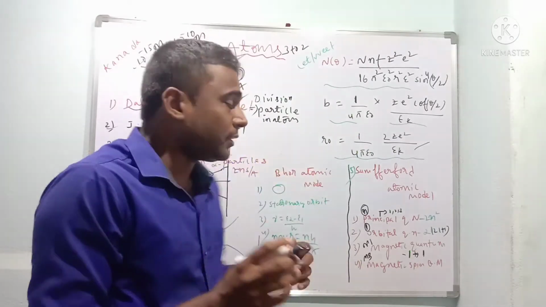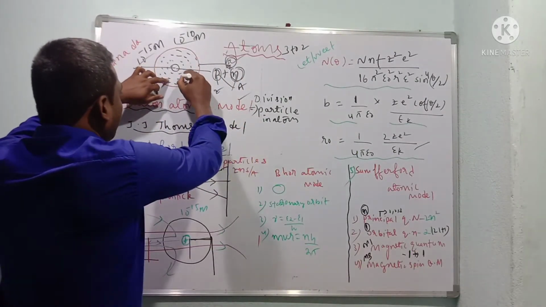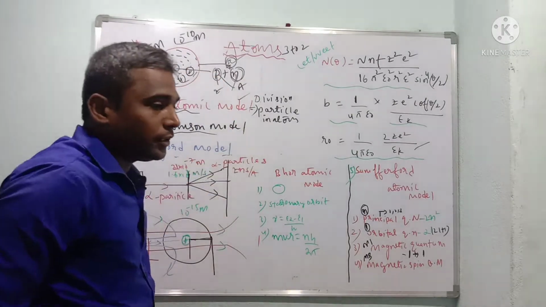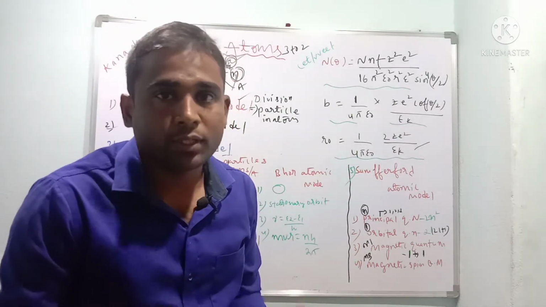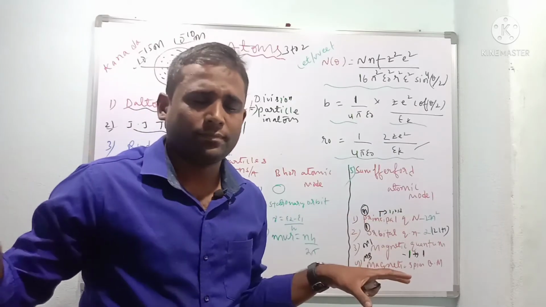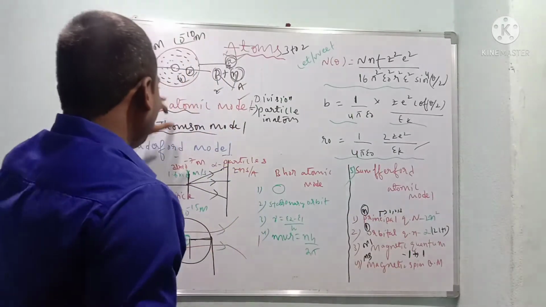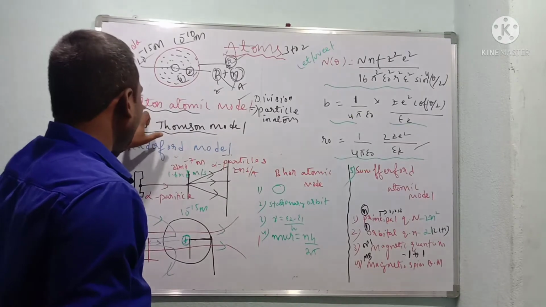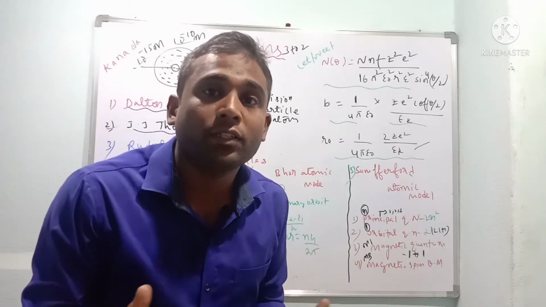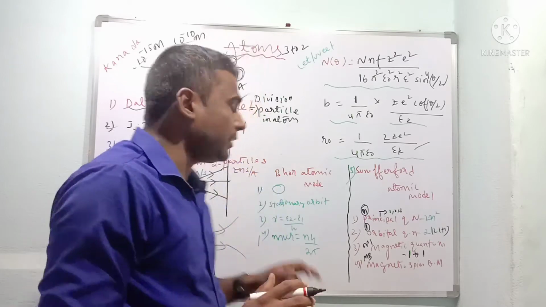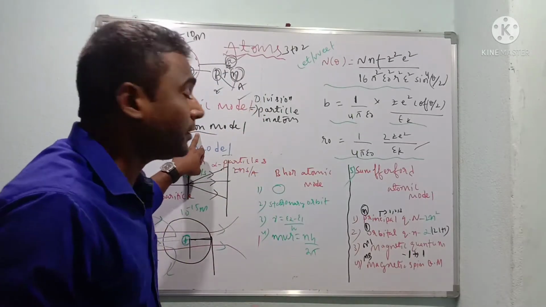He said the number of positively charged particles and negatively charged particles are equal, so the atom is electrically neutral, but we can separate them. He also showed that electrons are negatively charged particles. Hence the father of the electron is J.J. Thomson.